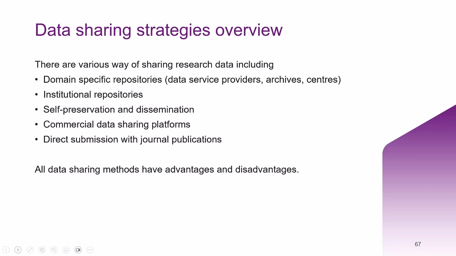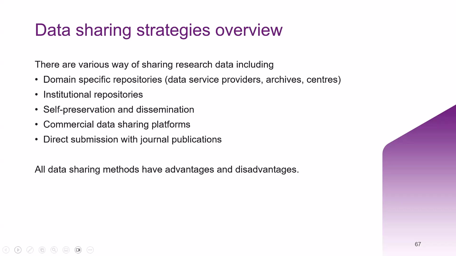They are going to be able to provide support to the research community using the data. You can also use institutional repositories, and there are organizations now that actually require sharing the data via an institutional repository. There is a possibility of self-preservation and dissemination. You can use commercial data sharing platforms and, of course, direct submission with journal publications.